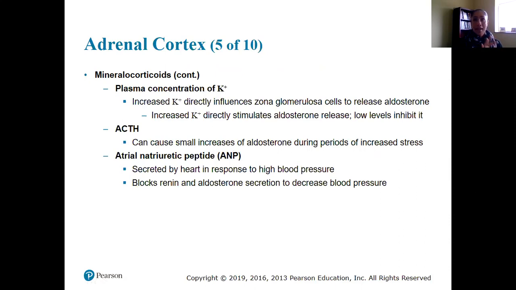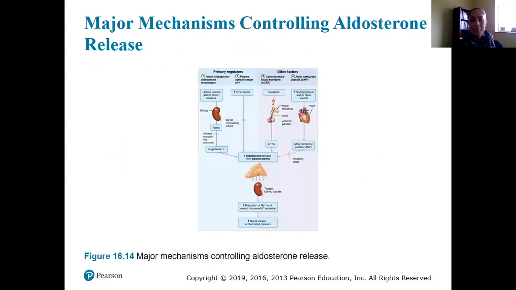Because remember, aldosterone is going to increase blood pressure. So if there's high blood pressure in the body, the heart will secrete ANP, and that will inhibit renin and aldosterone effects so that we can help to decrease blood pressure.